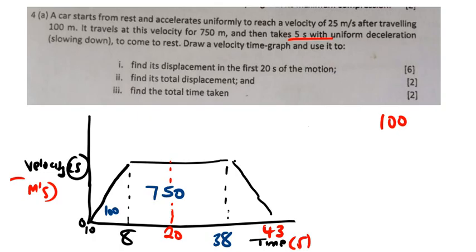Okay, so in this case, what are we going to have? We're going to have length times breadth is equals to the displacement in this case, which is from here to there, which is the displacement we are trying to find.